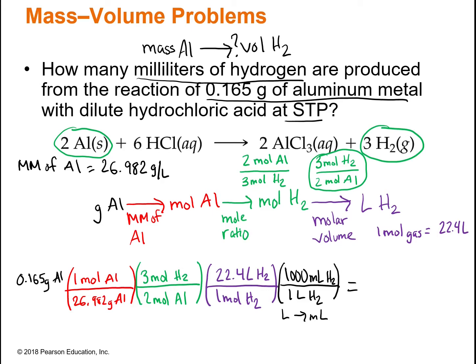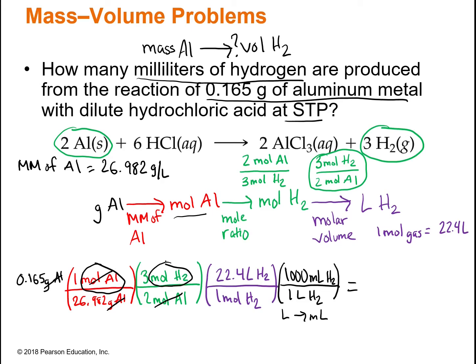Now, we need to go back through and do our unit analysis. We're starting off by getting rid of grams, and we've got moles. And you can see that lines up with what we're trying to do in our plan. So if writing out the plan helps you so that you can make sure you're setting up your unit factors correctly, do it. The next part is to take those moles of aluminum and figure out moles of hydrogen gas using a mole ratio.